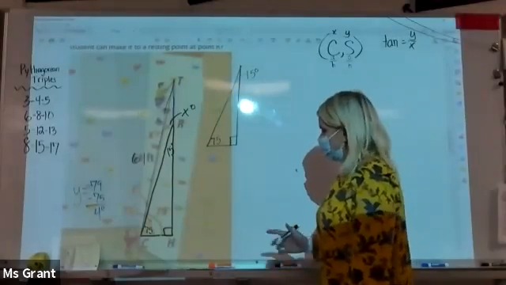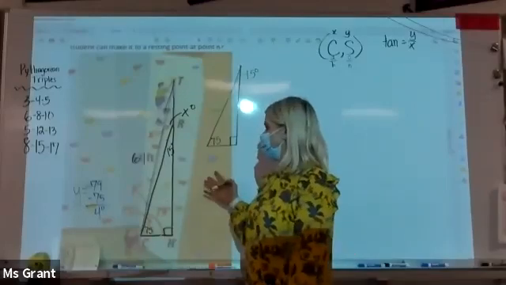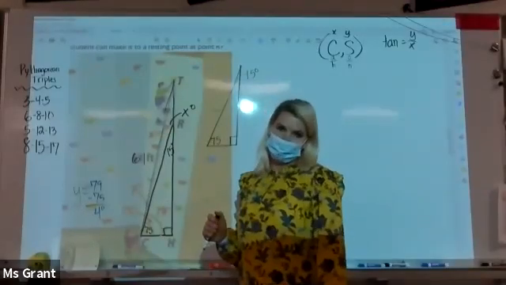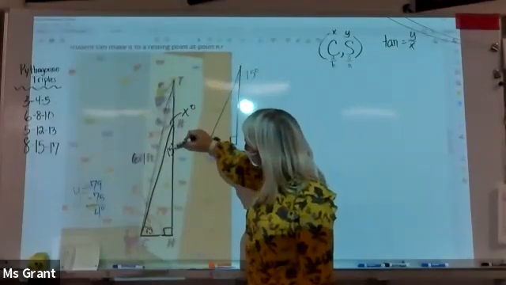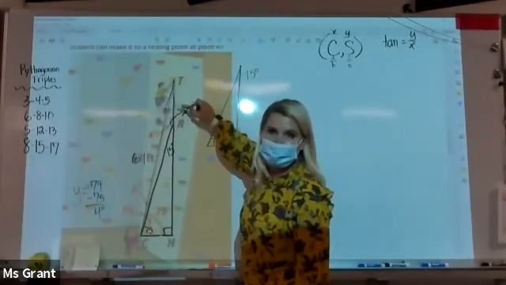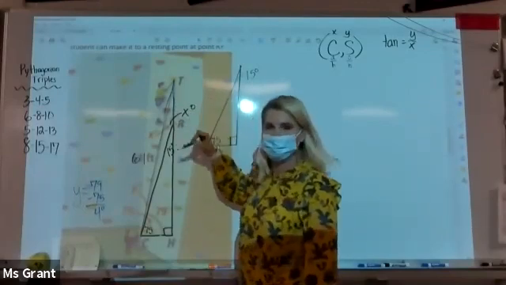Okay. Let's try and do what we can with what we're given. I filled in a missing angle in the black triangle. How big is angle X? Because 15 and X make a straight line. What's X?